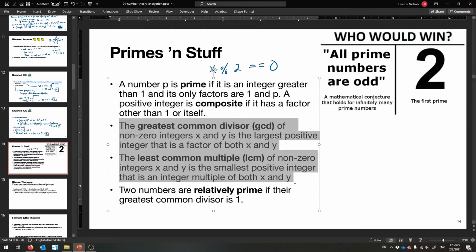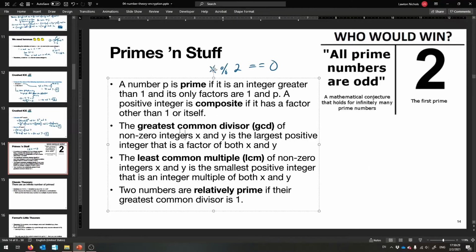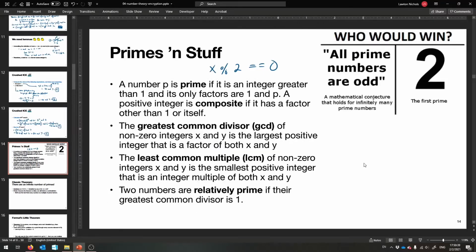And we have these as well. So let's go back to them. The greatest common divisor of non-zero integers x and y is the largest positive integer that is a factor of both x and y. That's an interesting fact. So let's have some examples here. Let's say I had, I don't know, 12 and 18.